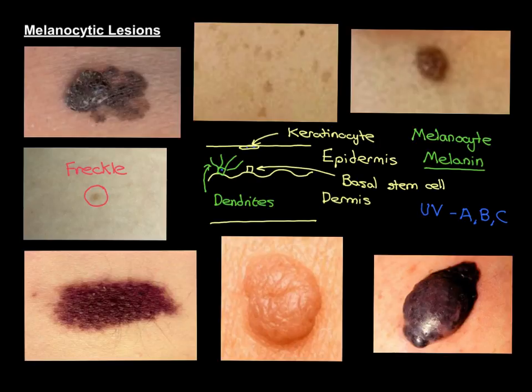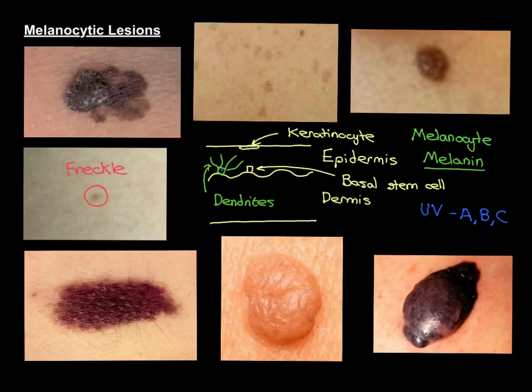So to put this completely clearly, the melanocytes in the area of skin that is the freckle are producing more melanin than the melanocytes in the surrounding areas of skin, but there are not more melanocytes here than there are over here. The density of melanocytes is exactly the same. For some reason, the melanocytes here are just producing more melanin, and that's why that area of skin appears hyperpigmented.